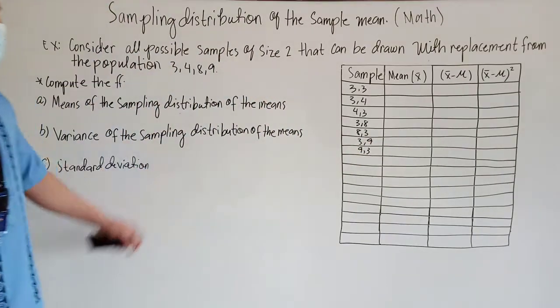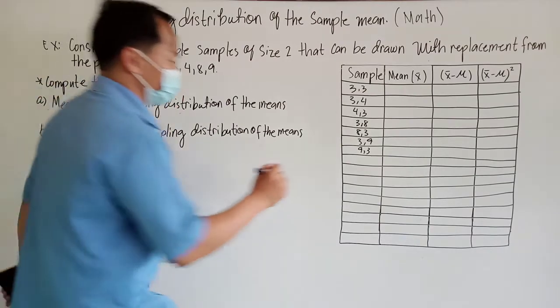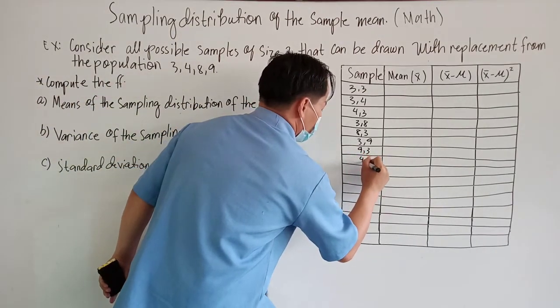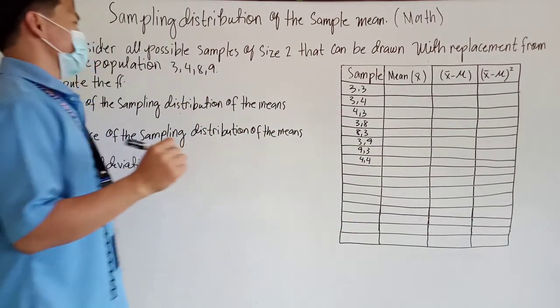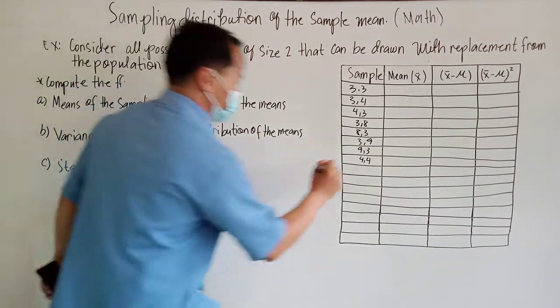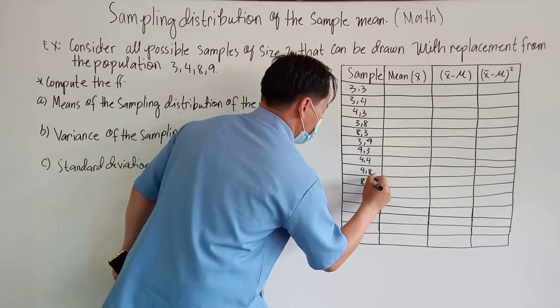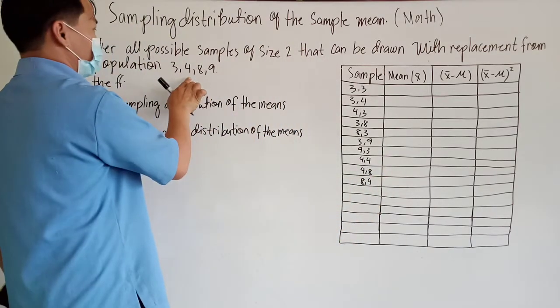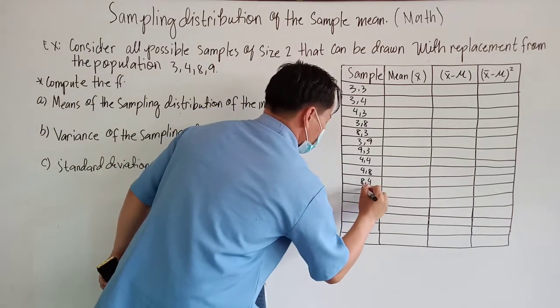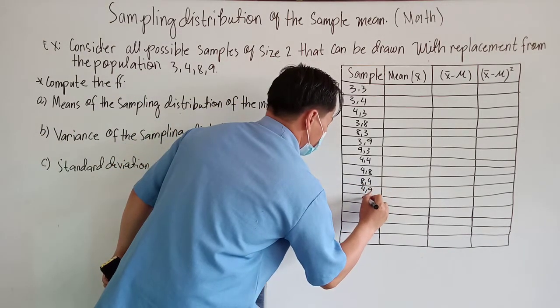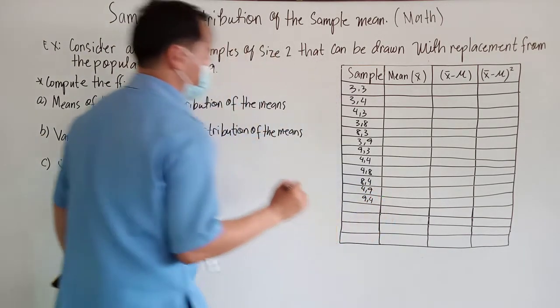Next, we can now proceed to 4. We can have 4 and 4. Then we also have 4 and 8, then the reverse, 8 and 4. Next we have 4 and 9, then we also have 9 and 4.